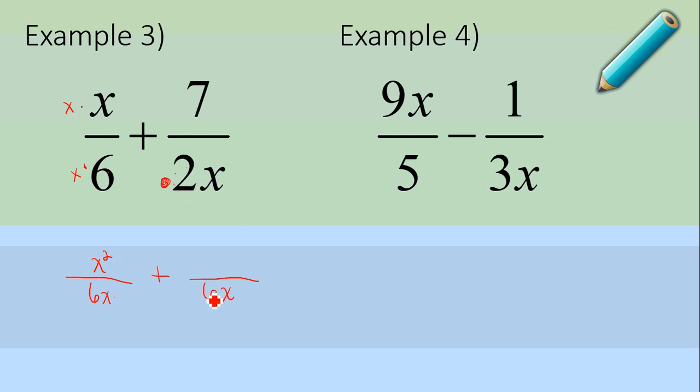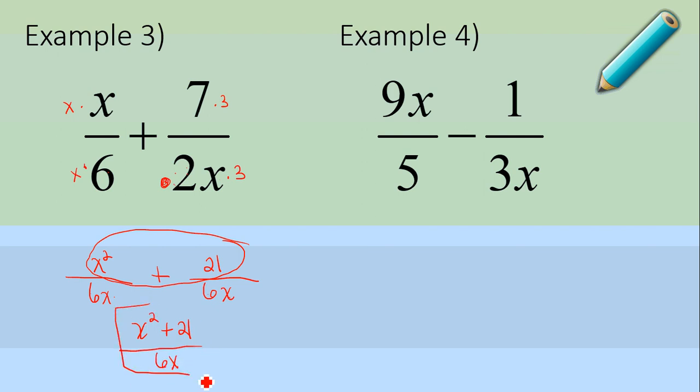Now I've changed it to 6 with an x. That means I must have multiplied by 3 in order to make that happen. So now I must change the numerator in the same way. 7 times 3 makes 21. So now that I have common denominators, yes, I can combine these two fractions. I'd have x squared plus 21 all over 6x as my simplified answer.